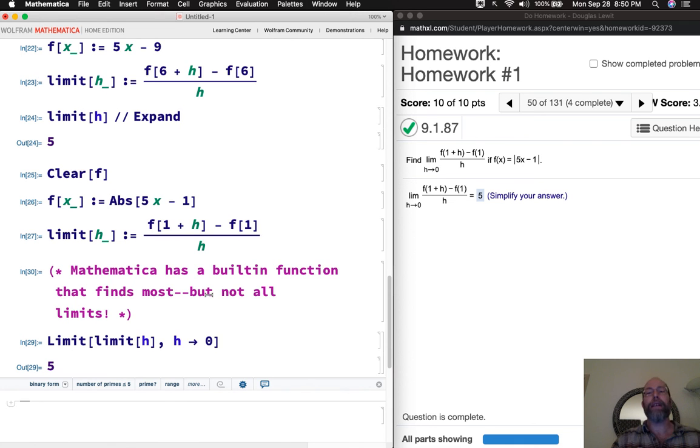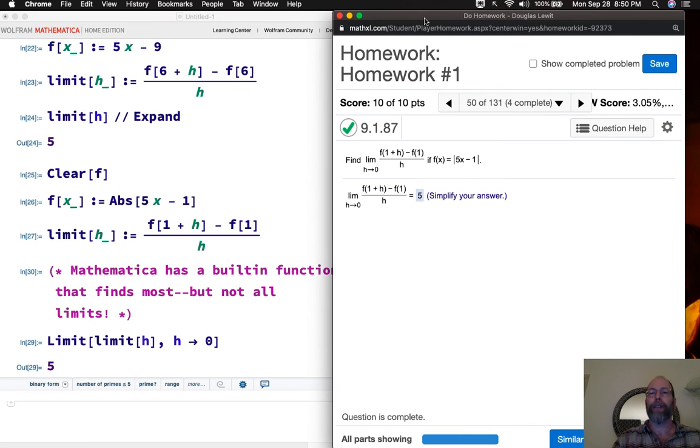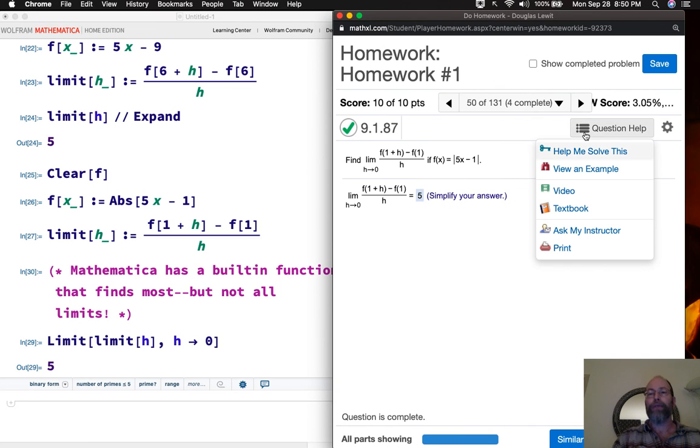And in case it doesn't help you, let's say that you watch this video and you find it very confusing. You have options. Help me solve this. View an example. Watch the accompanying video, not my video, but a different video. Open up your textbook. Read the textbook for the course. And if you're really, really stuck and can't find the answer, you can email me.